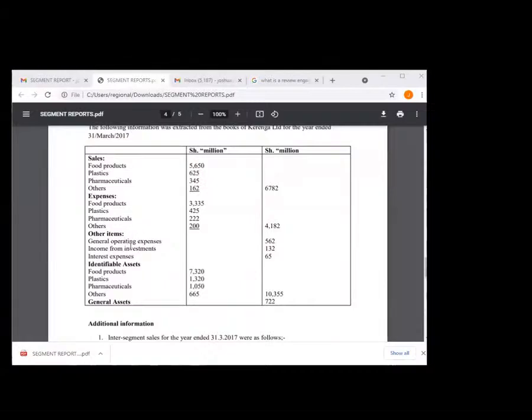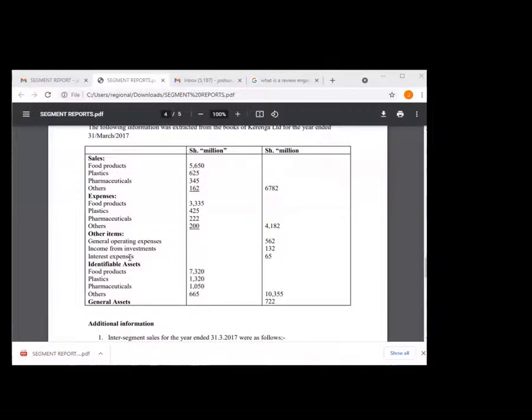Other items, if you're keen, you'll be able to see them: general operating expenses, income from investment, and then we have interest expenses. So you bring them the way they are. So we have the general operating expenses. They're giving us a figure of 562.